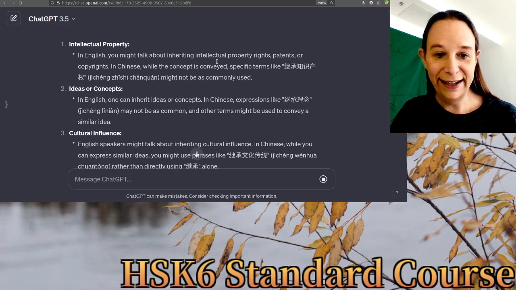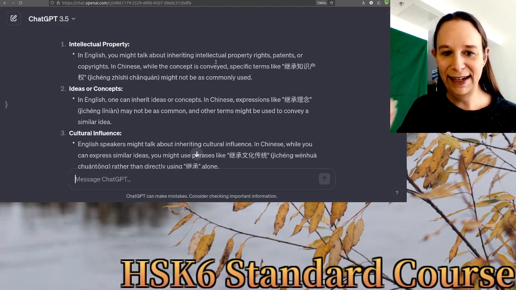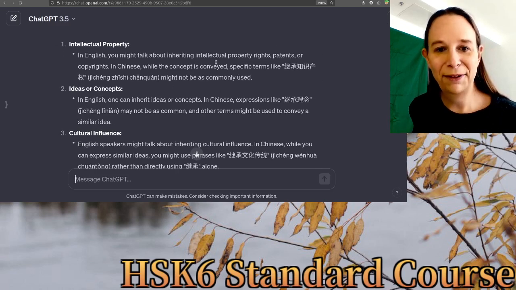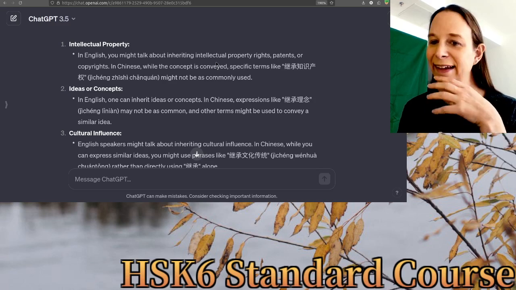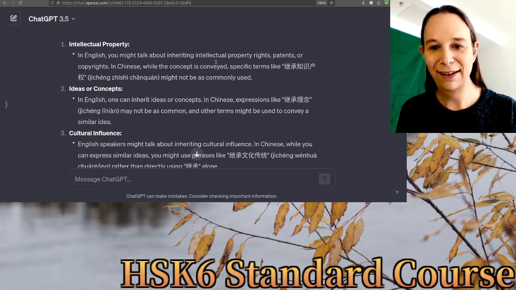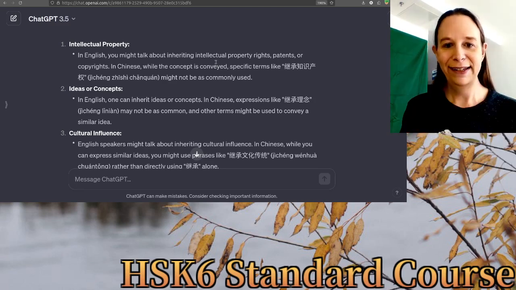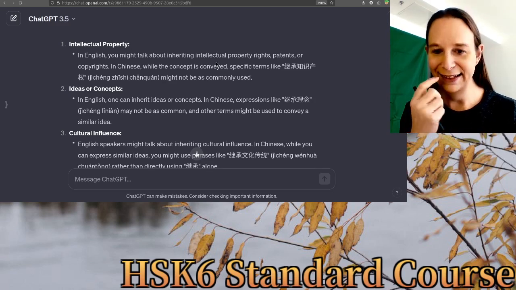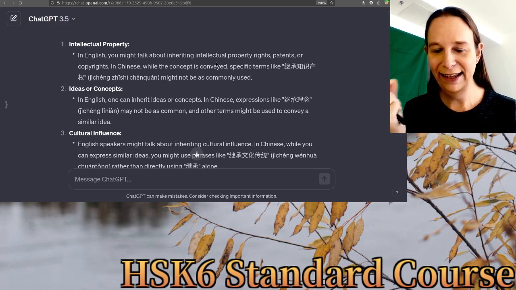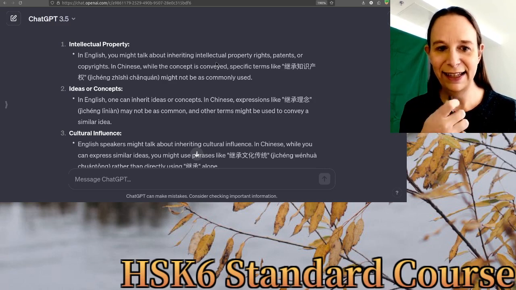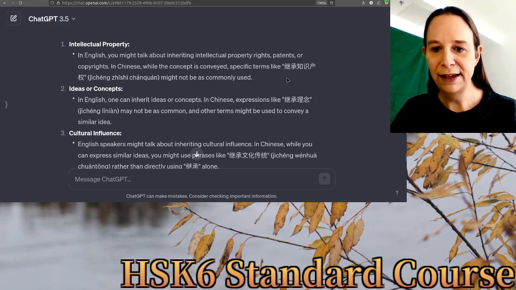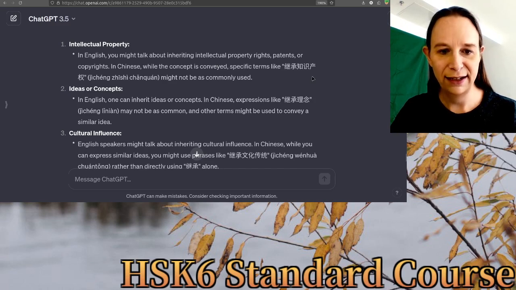In English, intellectual property can be inherited. For example, Tolkien, Lord of the Rings, his estate went to his descendants, and they would have inherited his intellectual property rights. 继承知识产权. In Chinese, it's not common.